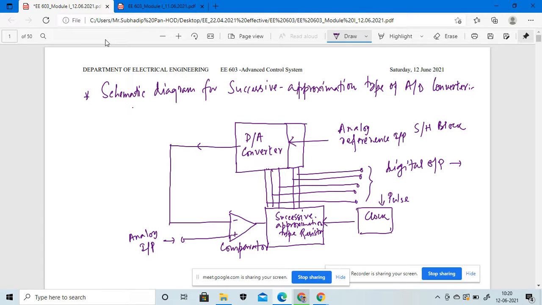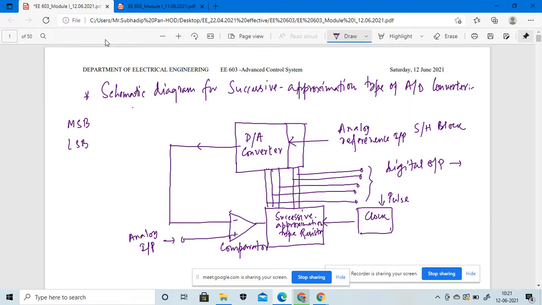Right. So what will be the principle of operation of this A to D converter? We are considering one successive approximation type of register that will first turn on the most significant bit. Most significant bit means, as I already told you, the MSB and LSB, right?